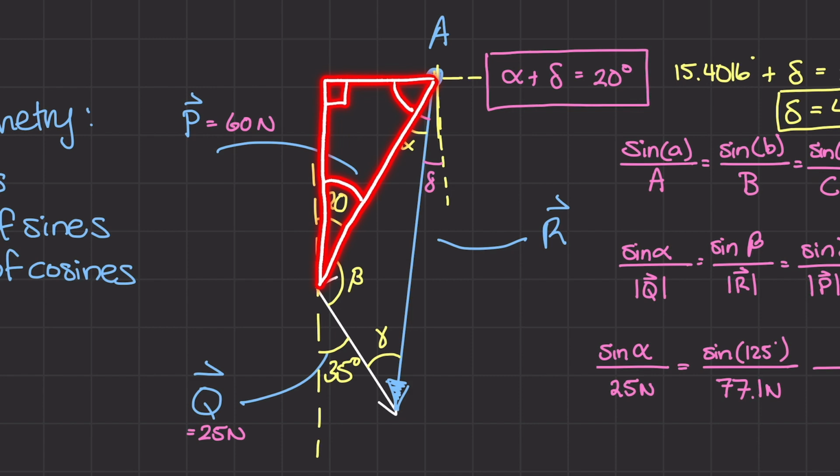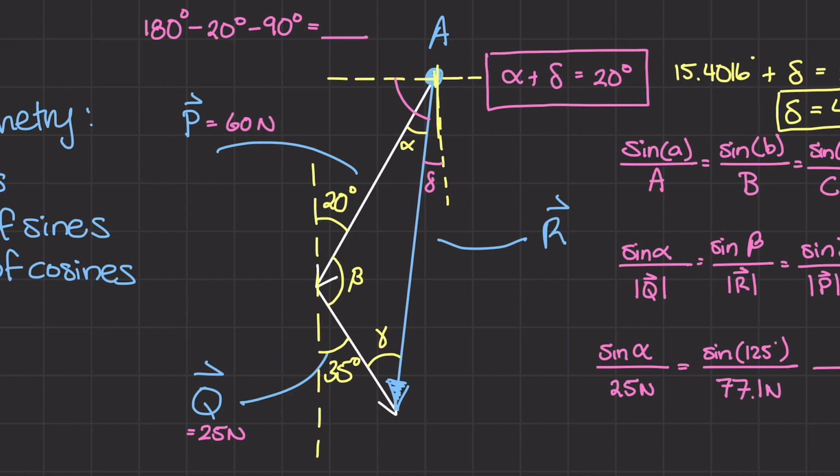That's just 180 degrees. So what we can say is that we could take 180 degrees, subtract the 20 degrees from that triangle, which is this angle right here, and then subtract the 90-degree angle right here. So minus 90, and that gives us this angle right here. Okay, so what is that? 180 minus 20 minus 90, well, that is 70 degrees.